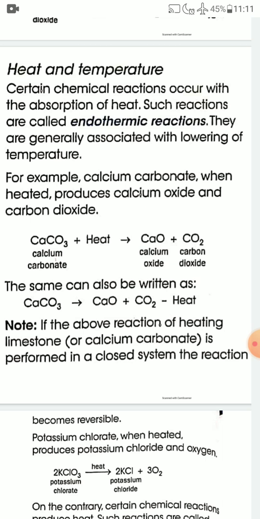For example, decomposition of calcium carbonate, CaCO3, to give calcium oxide and carbon dioxide is an endothermic reaction, and the reaction is CaCO3 arrow CaO plus CO2 minus heat. That means heat is absorbed in this reaction.